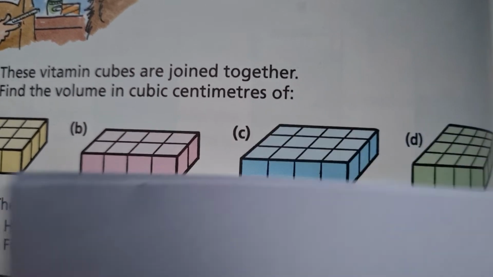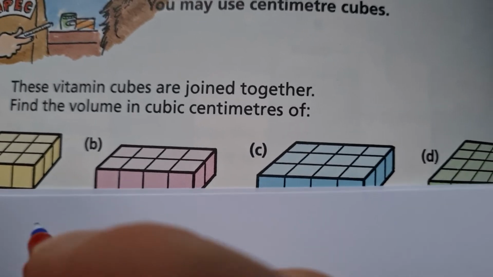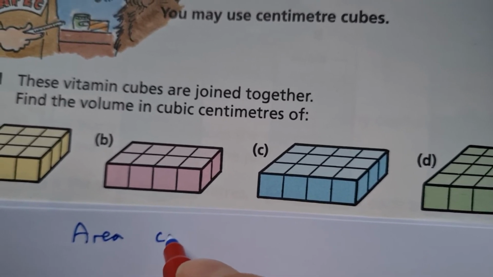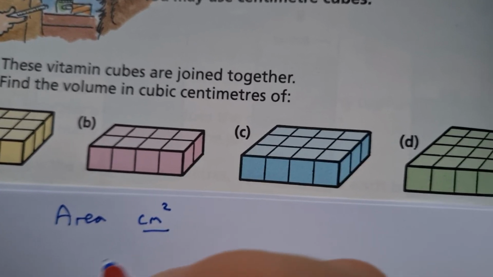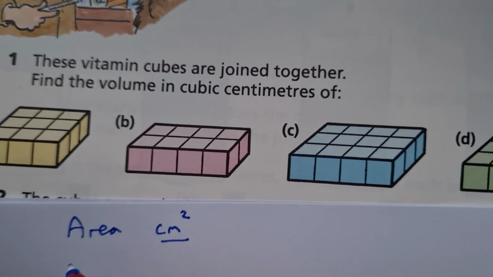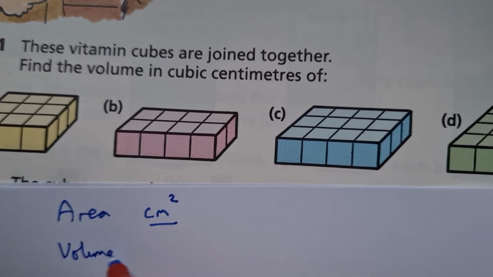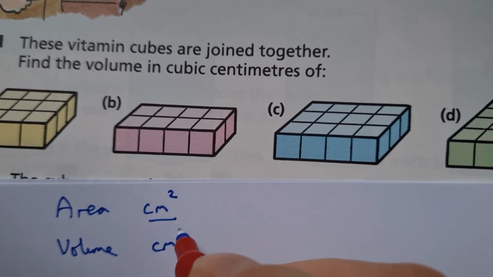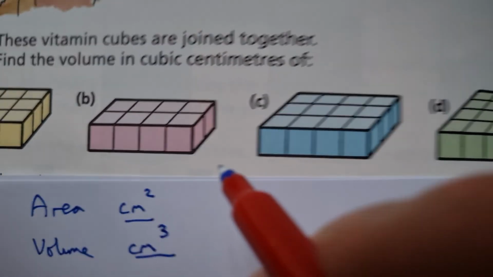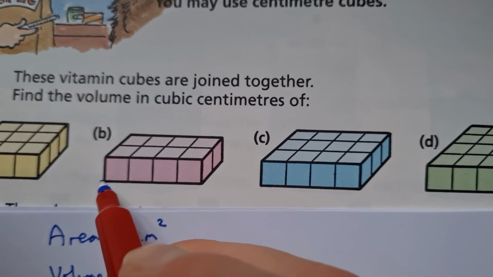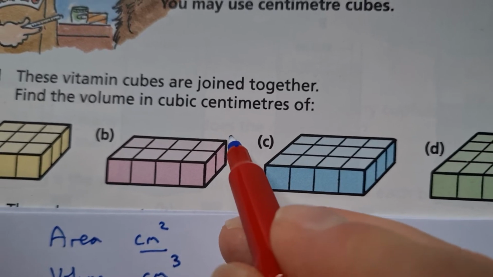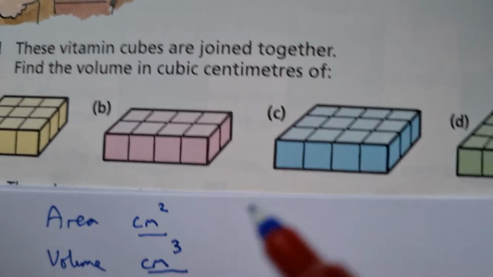Now, you will remember that when we write area, we write centimeters squared after the answer. Well, volume, because we are writing in 3 dimensions, it's centimeters cubed, and we put a little 3 there because 3-dimensional shapes have got a length and a width, but they've also got a height as well.